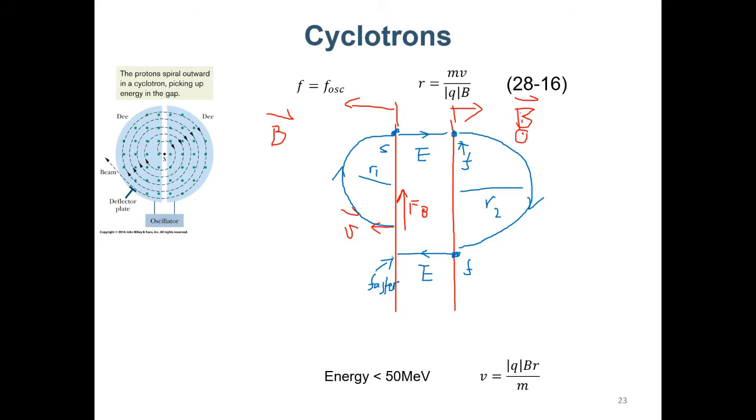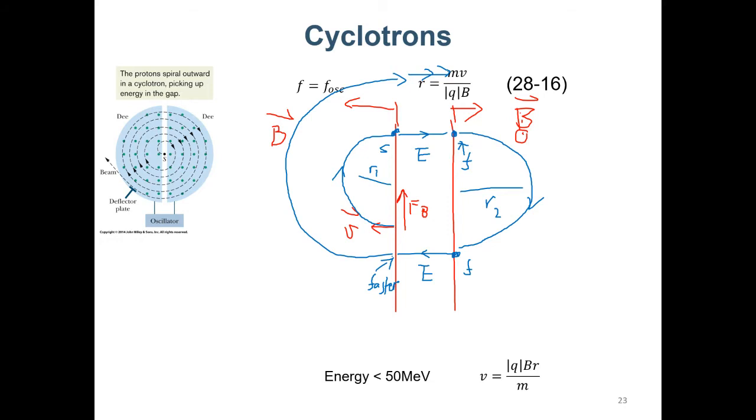So it will accelerate, and then we will have another semicircle going to this point, and then E points to the right side. So it will further accelerate. So it's called the cyclotron, 回旋加速器.